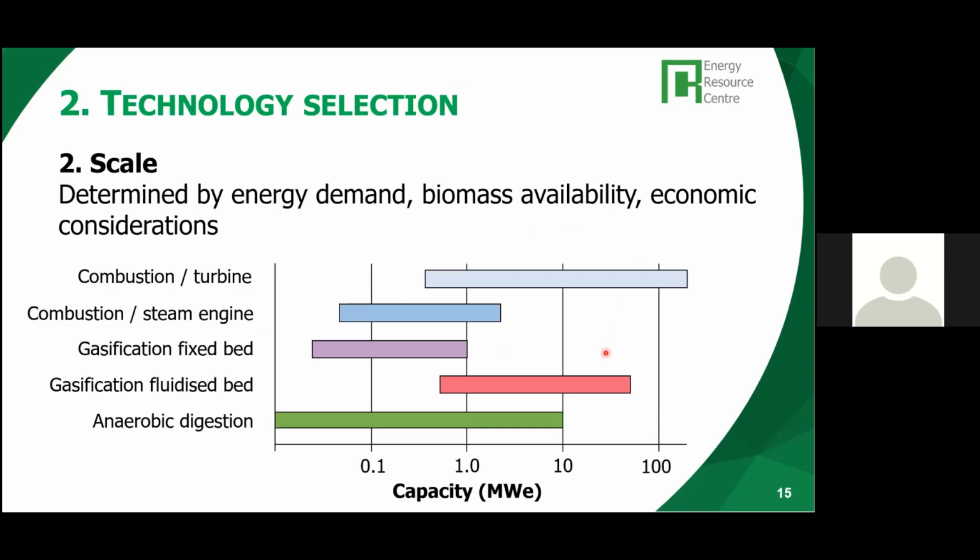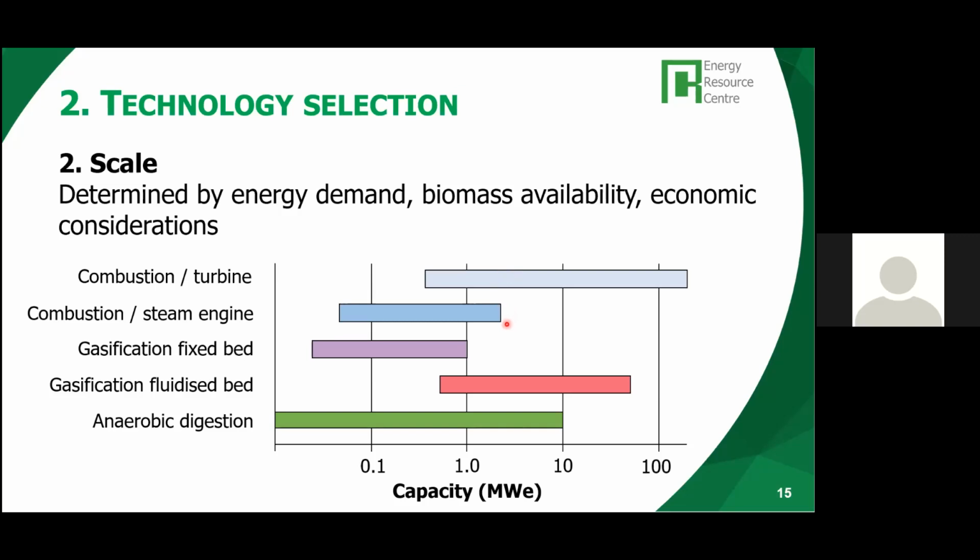We have a 3 megawatt system, which is more or less in this range here. Of course, for a turbine this is a pretty good scale, even though the overall efficiency of the system might still be limited, might still be below 20%, for example. 3 megawatts for steam engines would be a bit big.